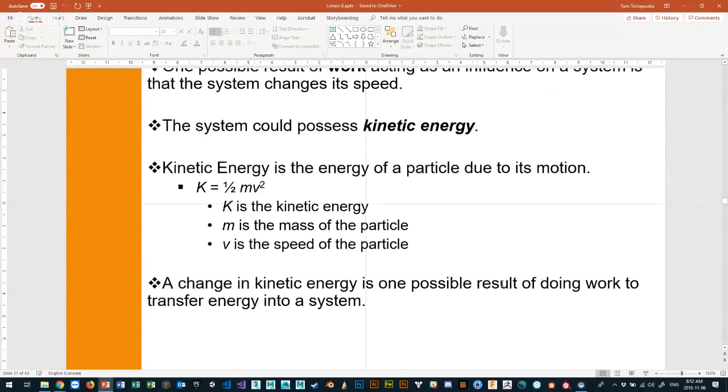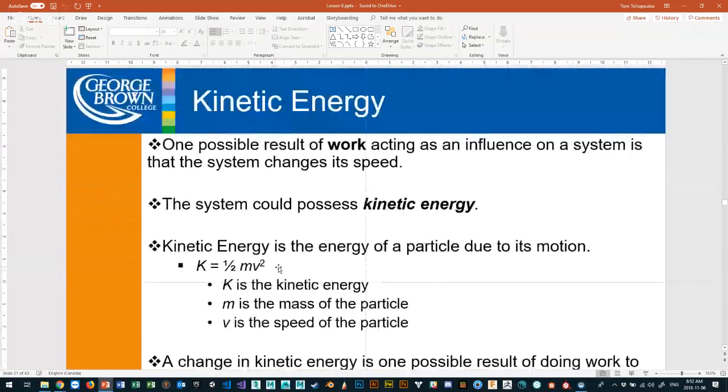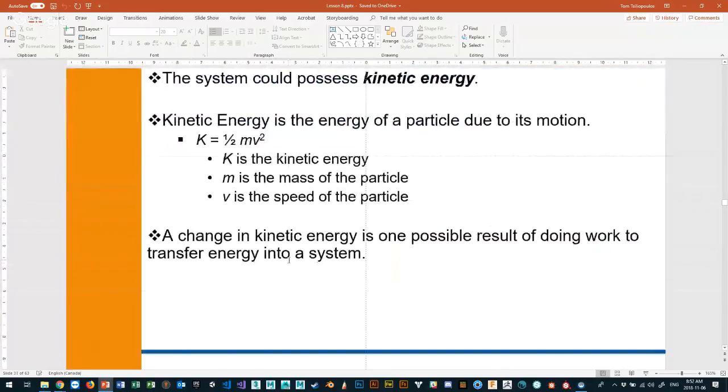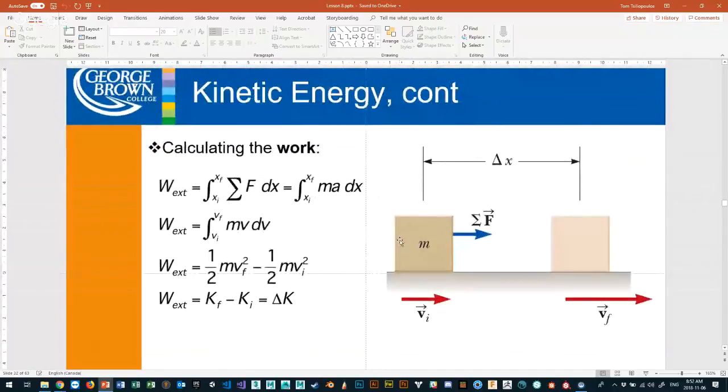A change in kinetic energy is one possible result of doing work. I like this as we transfer energy to the system. Calculating work. Okay, so I've got this external force, work external, is equal to, again, this is the proof of how this works, right? We have the integral from the initial x position to the final x position of the sum of all forces times the change in x, right?